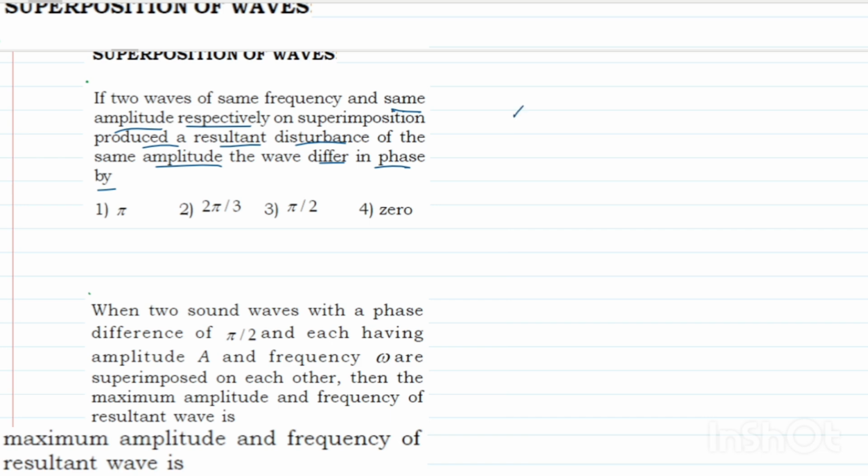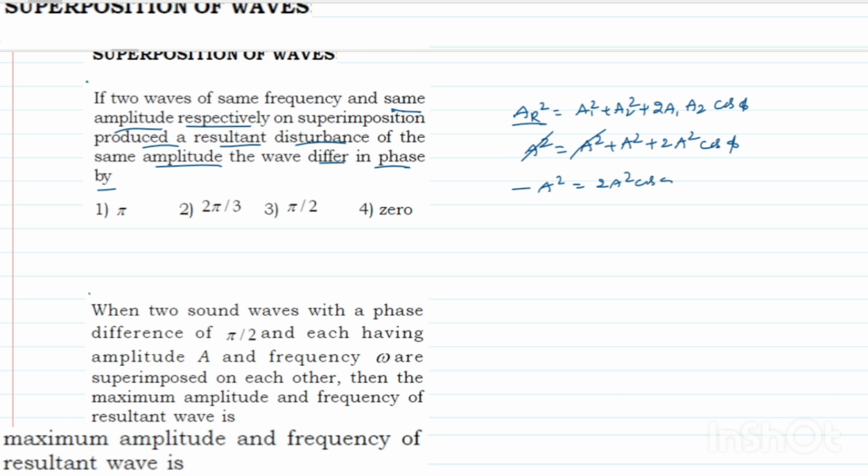amplitude. So A resultant, the formula will be getting as under root A1 square plus A2 square plus 2A1 A2 into cos phi. This resultant amplitude is also given as A, so A square equals A square plus A square plus 2 A square into cos phi. So here we will be getting minus A square equal to 2A square into cos phi.